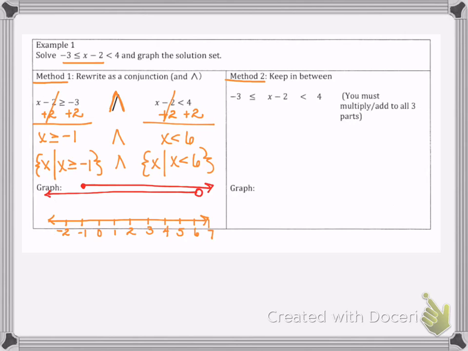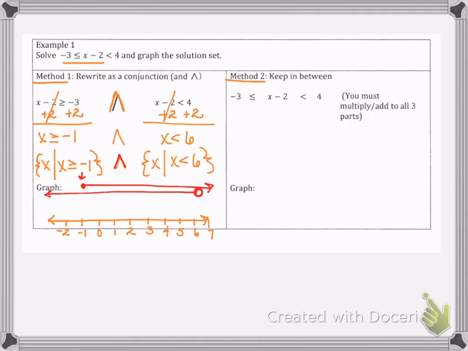And my final graph should be the and statement, the conjunction between these two inequalities. So I'm going to look at what they both have in common. They both go over this point of negative 1, and we have a less than sign at the 6, and then this top graph continues, but the bottom one does not.